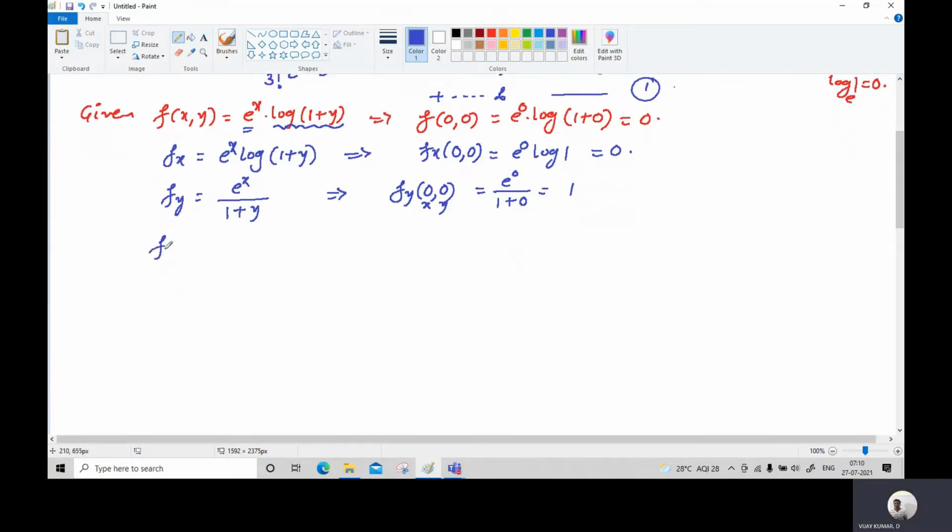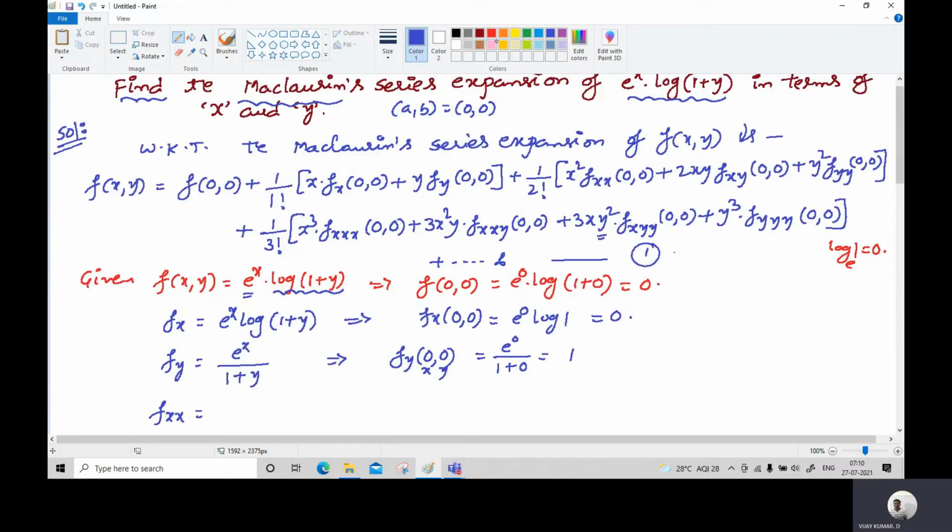Okay, next, f double x. I am finding all the partial differentiations which are involved in this formula in order. Okay, whenever you have a doubt, you can see this formula once. Just I am finding all partial differentiations which are involved in this formula. Okay, after that we have to replace all these values in this formula.